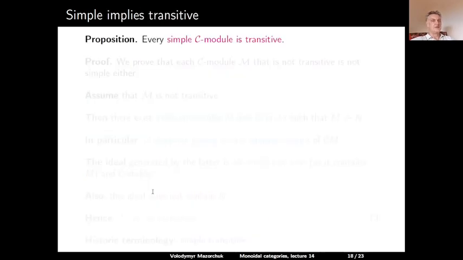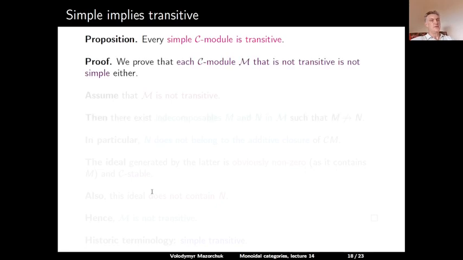Proposition: every simple module is transitive. Proof: we will prove that each module that is not transitive is not simple. So let us assume that M is not transitive.